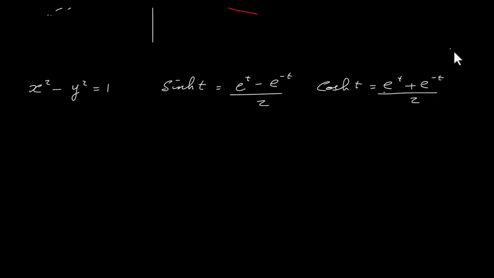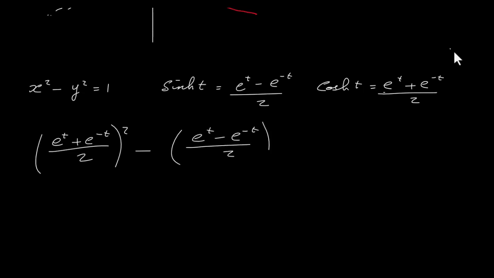So let's substitute these into our equation here. We have x, which is cosh, so that's going to be (e to the power of t plus e to the power minus t over 2) squared, minus sinh, which is going to be (e to the power of t minus e to the power minus t over 2) squared, and hopefully they will give us 1.